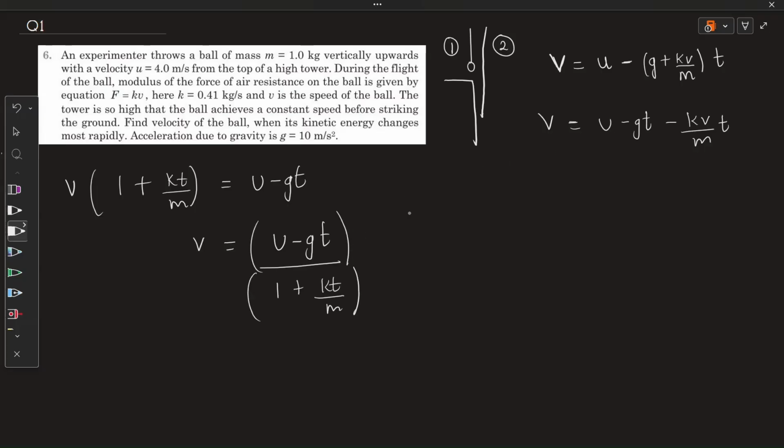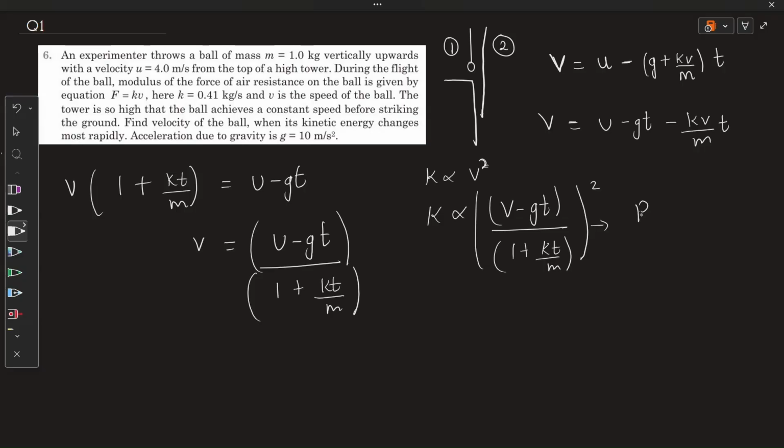From this, what can I conclude? What is the question? When the kinetic energy changes most rapidly. Kinetic energy is proportional to v square, so kinetic energy is proportional to ((u minus gt) by (1 plus kt by m)) the whole square, and this should be changing most rapidly.